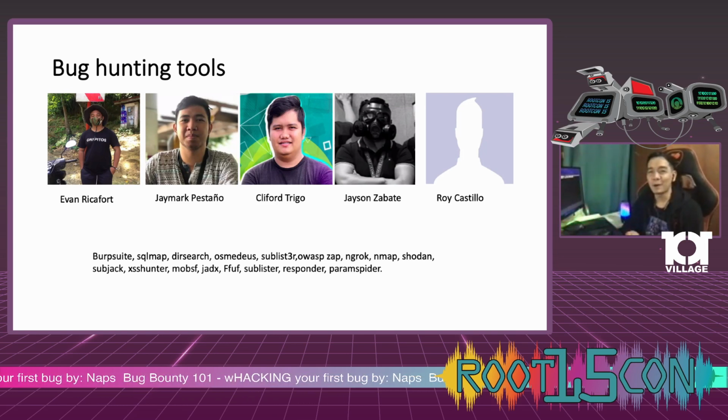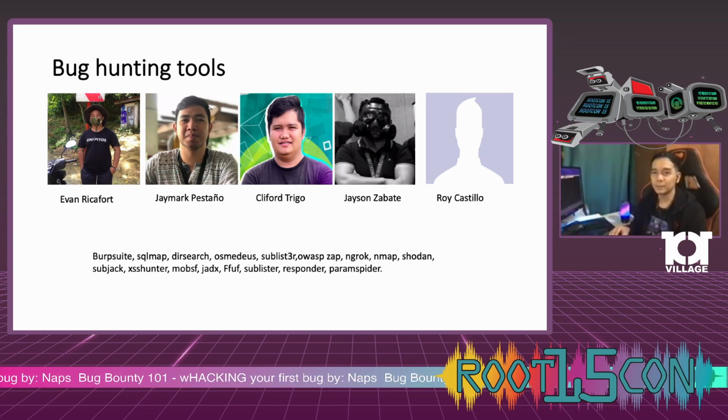And J. Mark, Stanyo, Clifford, Jason Sabate, and Royce Castillo. I asked them to provide the tools that they use in bug bounty hunting. So I compiled them and put it here.